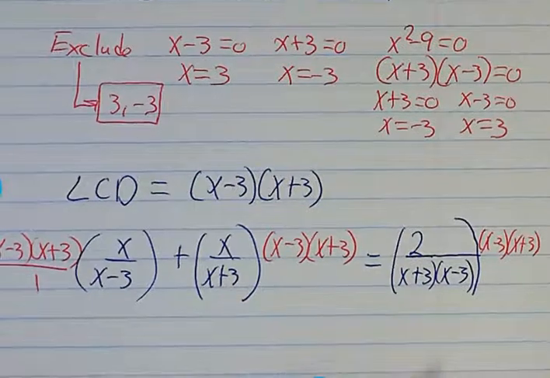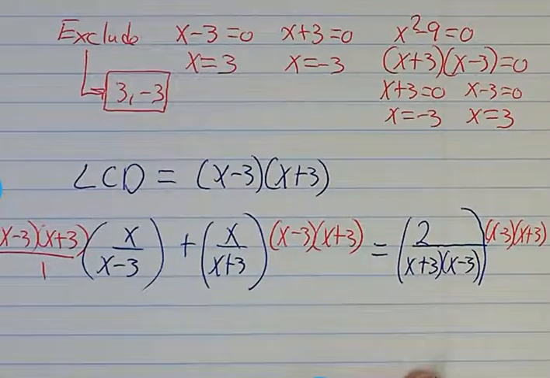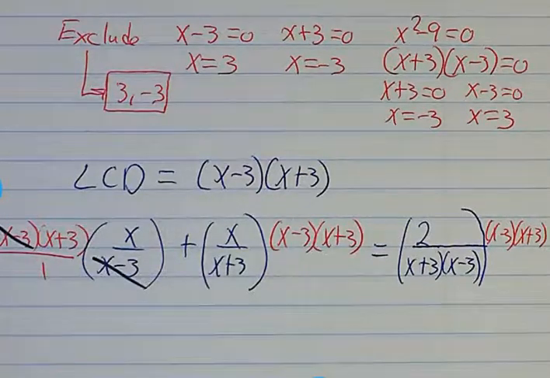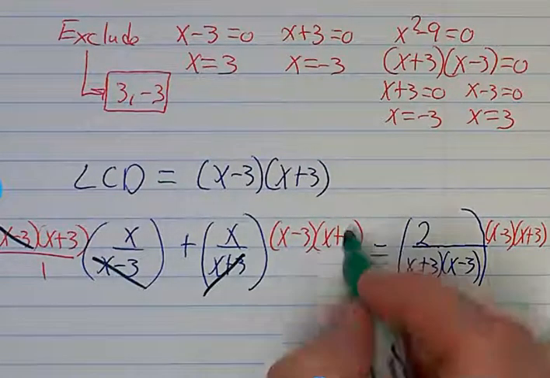Okay, so these problems do get a little bit long because you've got to write a bunch of stuff in there. Just like the last problem, when you do this, all the denominators should be gone, because this x minus 3 will cancel that x minus 3. That x plus 3 will cancel that x plus 3.